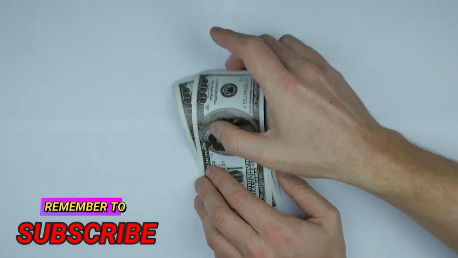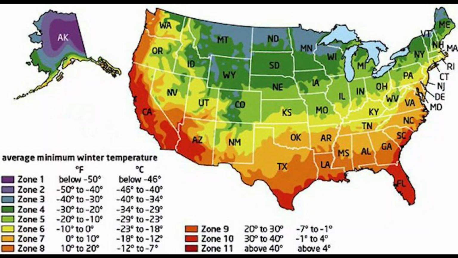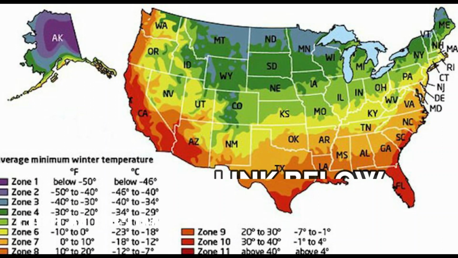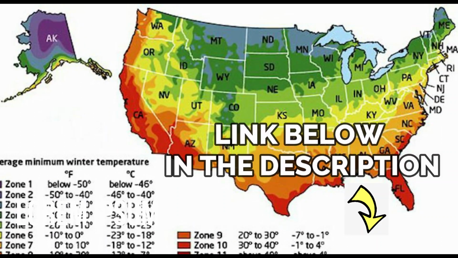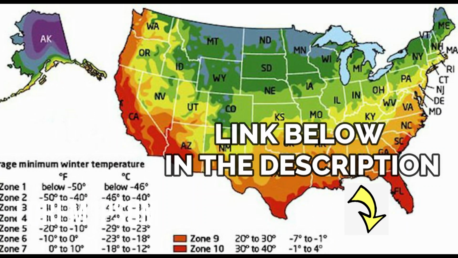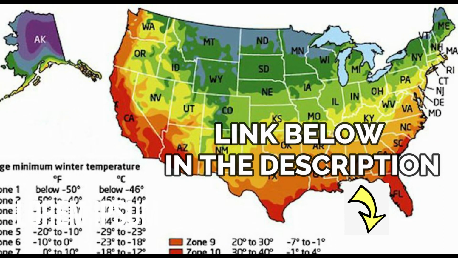Next thing that you need to understand is how to use a planting zone map. What I've done, guys, is I have put a link in the description from the USDA Hardiness Zone Map. It's free, it's an interactive map, and it's a pretty cool website. So I highly recommend using this map for all of your planting questions.